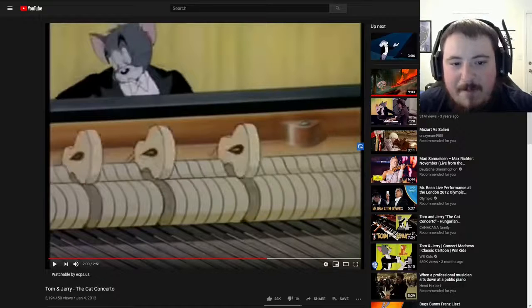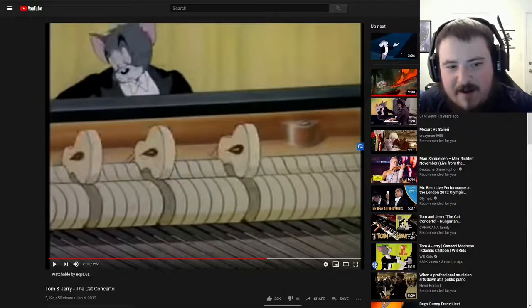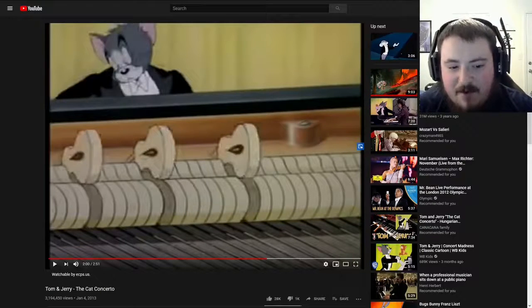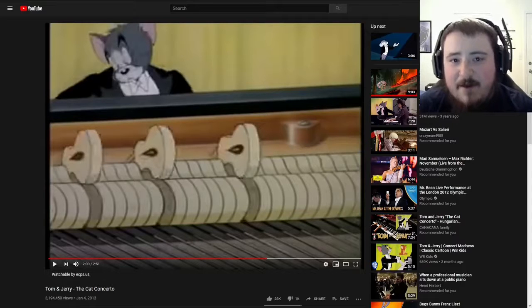So what's actually happening here is these are the strings in the piano here, and these are called hammers. Whenever Tom, playing the piano, presses down one of the keys on the piano, it makes one of those hammers hit a string. So every time it shows one of these little hammers moving and hitting a string, it's because he's hitting a key on the piano that corresponds to it.